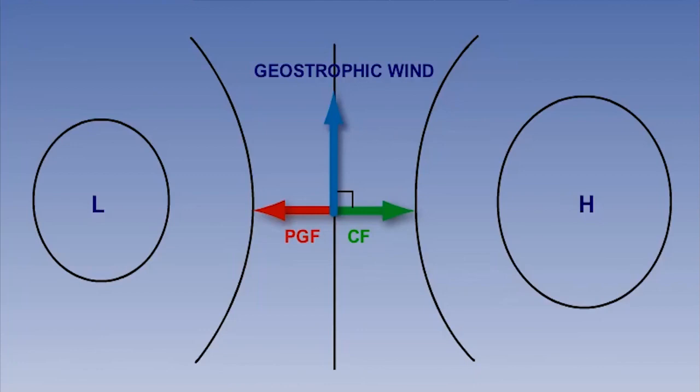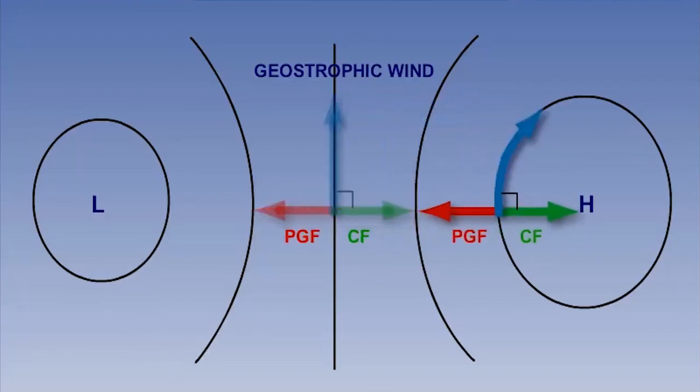So how will the additional force interact with this wind? Looking at a high pressure in the northern hemisphere, we can see a Coriolis force and a pressure gradient force acting on the wind. If we now place this picture on the circular isobar around the high, we will need to add the additional centrifugal force.